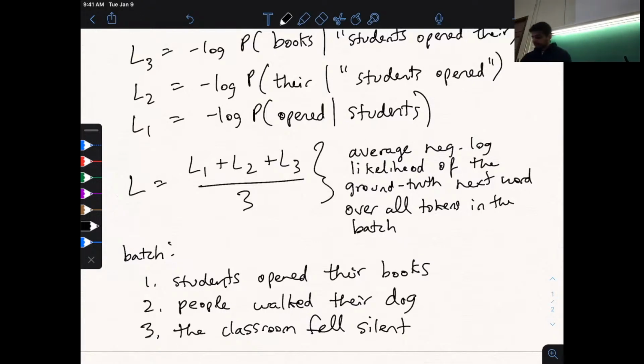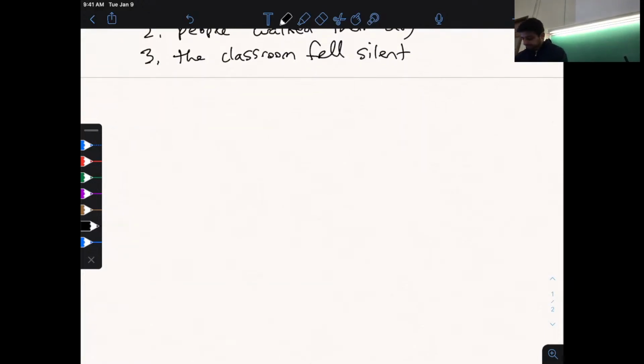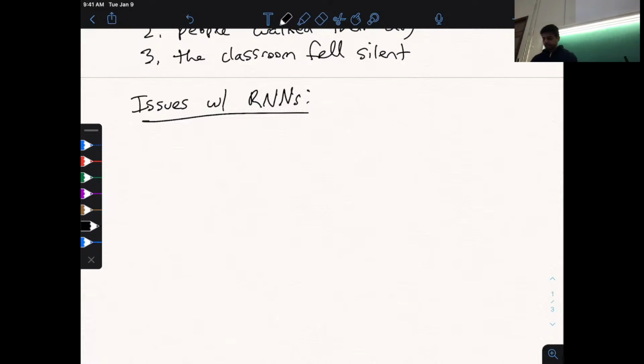So now let's talk about some of the issues of recurrent neural networks. There are 2 main issues that we have with RNNs, and the first one is this concept of a bottleneck. This means that for any given prefix, the entire prefix needs to be represented by the last hidden state of the RNN.